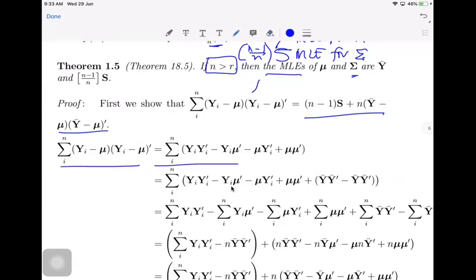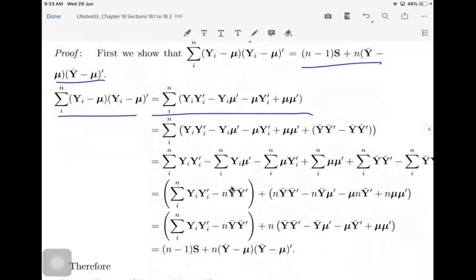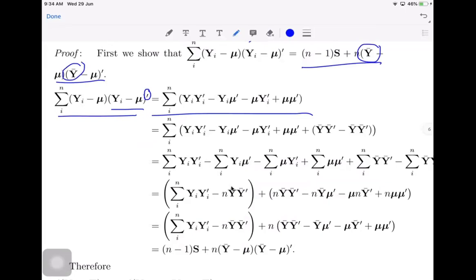Okay, so from here to here, it is just operations with your primes. You apply the prime there and then multiply everything. Since this is a function of y bar, the technique here is to add and subtract something. You are not changing the original form.